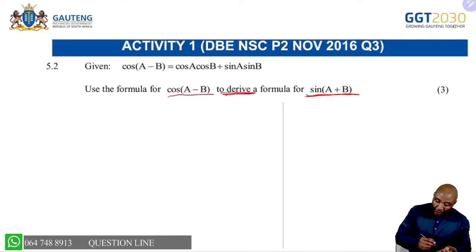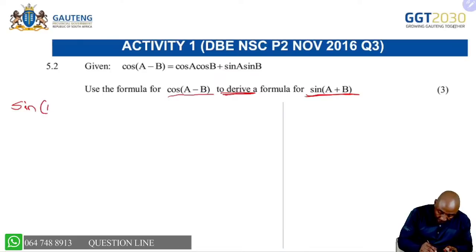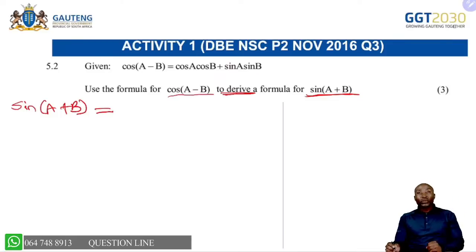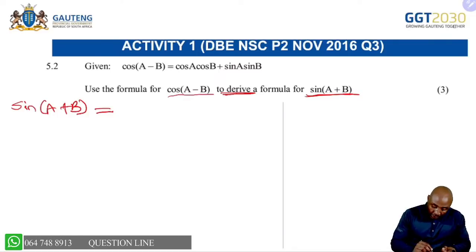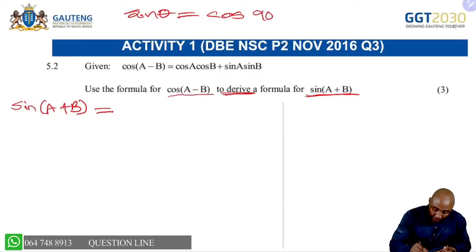Remember, where do we start? We are given this formula. We need to derive the formula for sin of A plus B. What do we know? We know that sine, if I have sine theta, this is the same as saying cos of 90 minus theta.